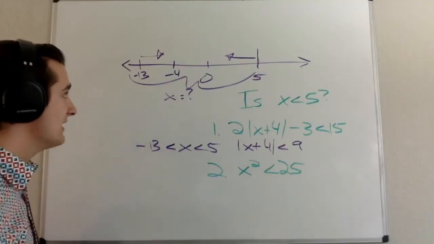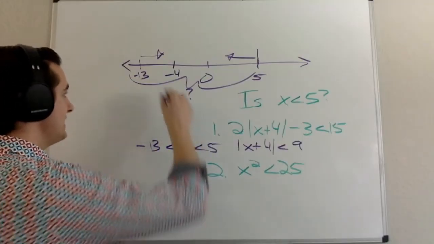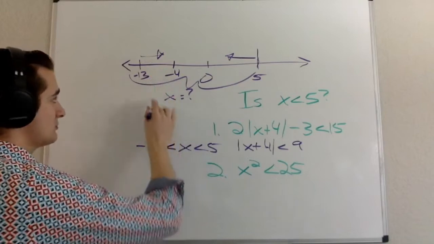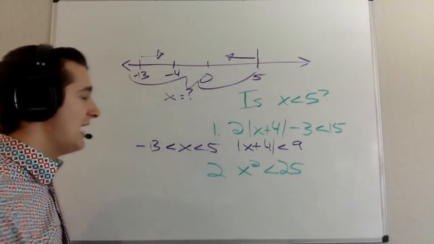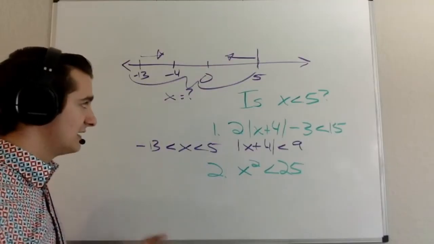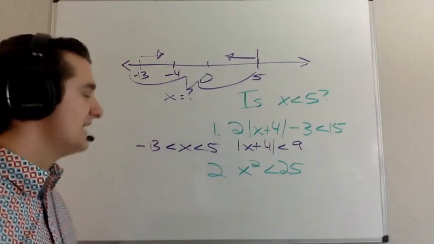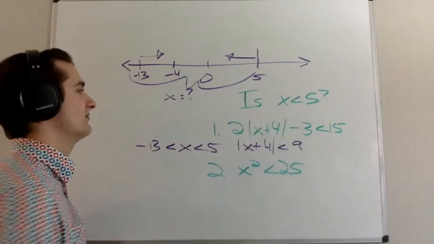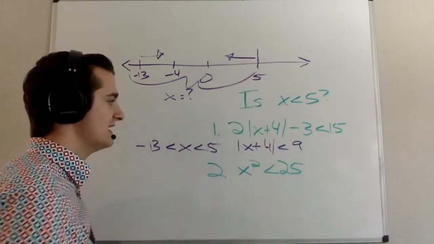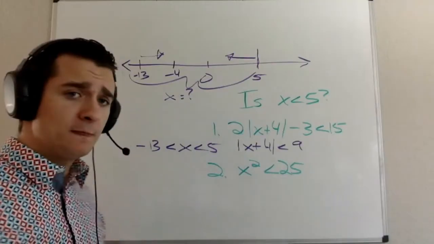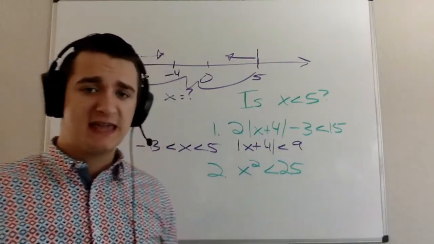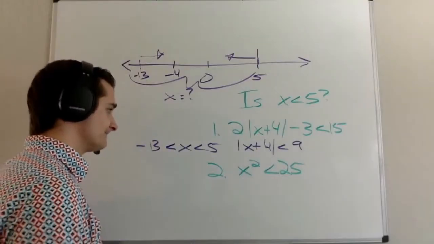And when I think about it like that, I'm able to pretty quickly see that x has to fall somewhere in this range from negative 13 to 5. Of course, if x falls in the range from negative 13 to 5, then I know that x is going to be less than 5. Of course, x can't be equal to 5 because then the absolute value of x plus 4 would be equal to 9. So with that in mind, I know that statement 1 is sufficient.